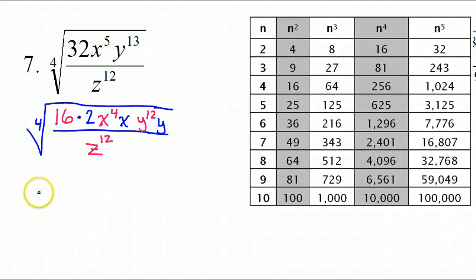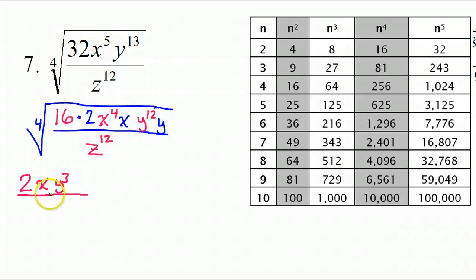So let's do that first. Outside the radical, the fourth root of 16 is 2, so I'm going to have 2. The fourth root of x to the 4th power is just x, because 4 divided by 4 is 1. y to the 12th power will become y to the 3rd power, I just divide that by 4.